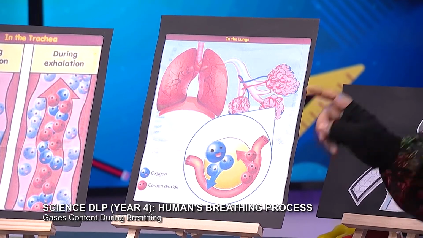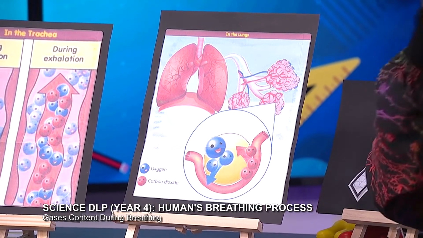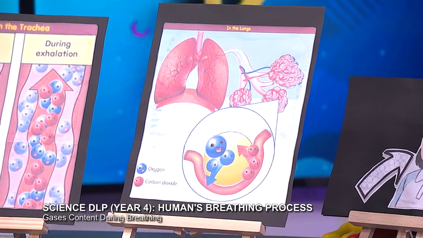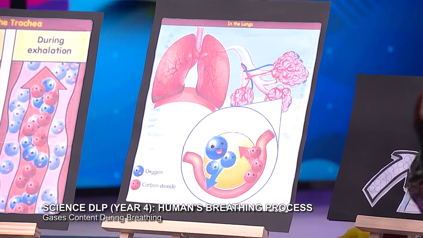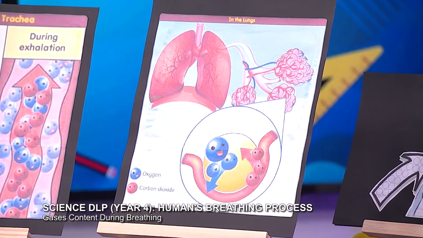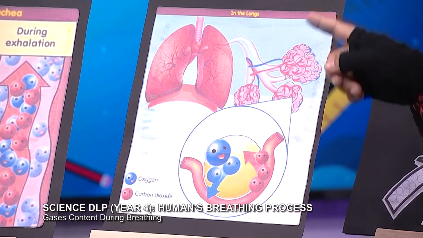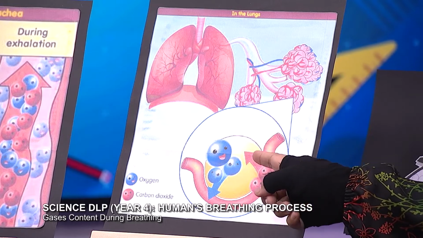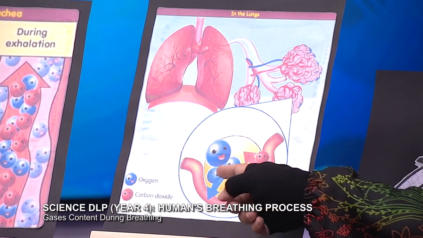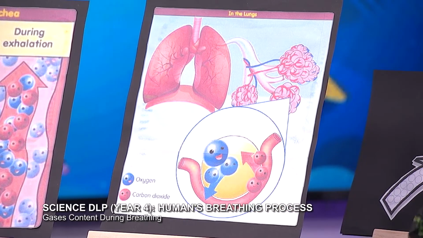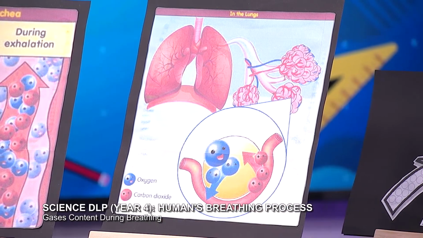That is why when we breathe in, there will be more oxygen, and when we breathe out, there will be less oxygen than before. It's like a taxi. They have arrived in the lungs, now I'm alighting. So the oxygen will be spread into other parts of the body.